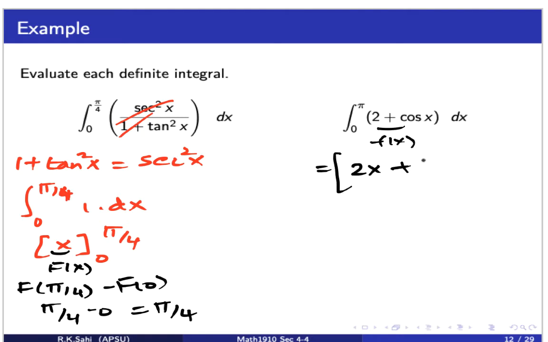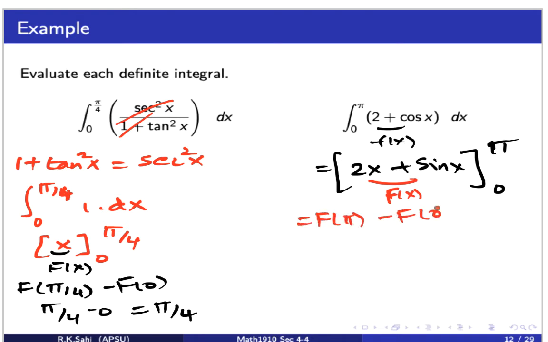Integral of cosine x, remember, is sine x. Now remember, this is your capital F of x. So this is F of pi minus F of 0. That's when you apply the first fundamental theorem of calculus.